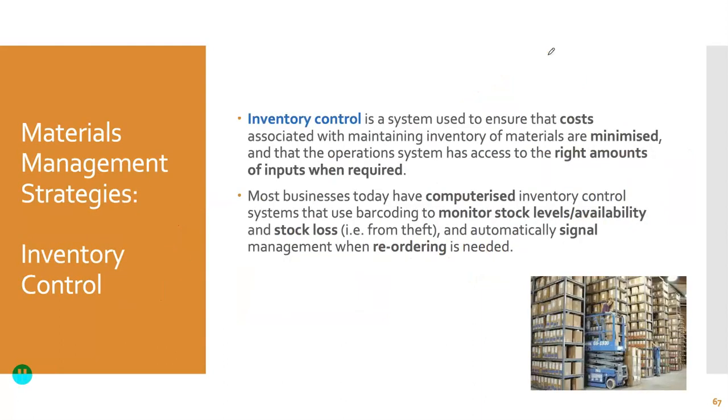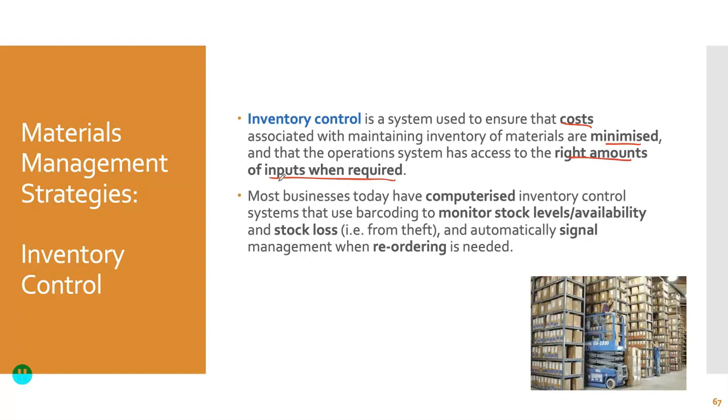And then we come to our fourth strategy called inventory control or just-in-time management. We've talked about inventory being important. We recognize that there are many costs with having too much inventory, and we want to minimize this as much as possible. To go to the extreme example, we want to make sure that we have just the right amount of inputs when required.